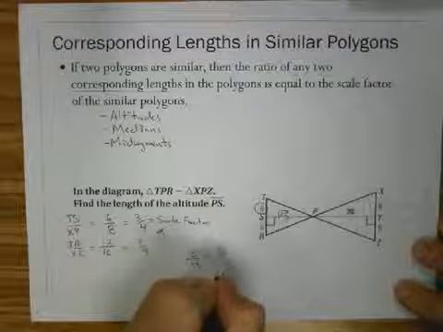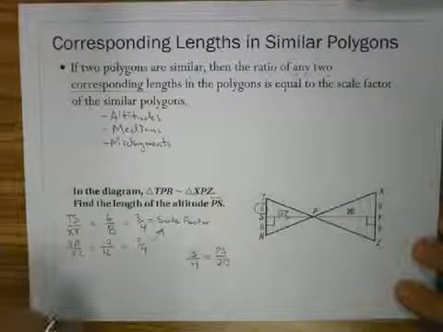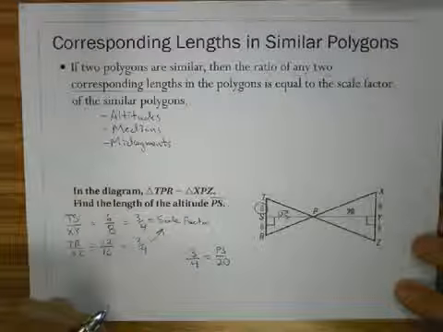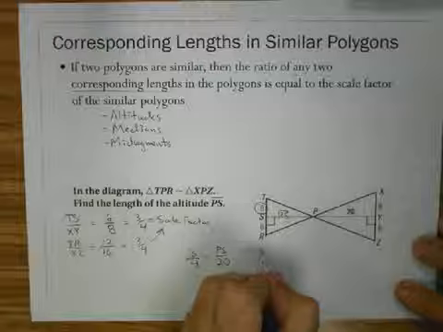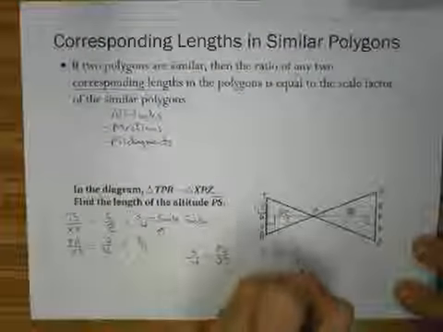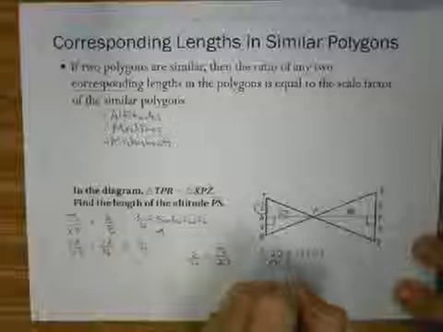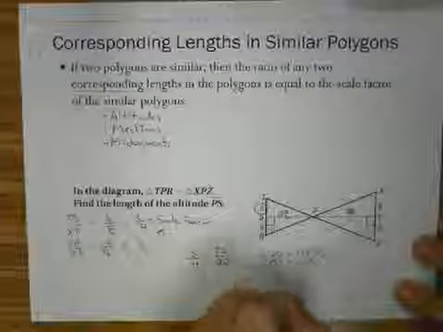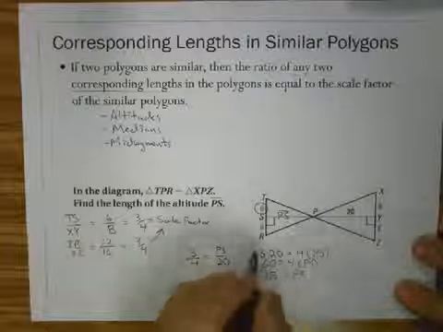Now if you're thinking, well, he didn't use a side, he used a segment of a side. If I did 12/16 from TR and XZ, that would still come out to be 3/4. So it still works the same. So I use that 3/4 and set that equal to PS over its corresponding value, or 20.